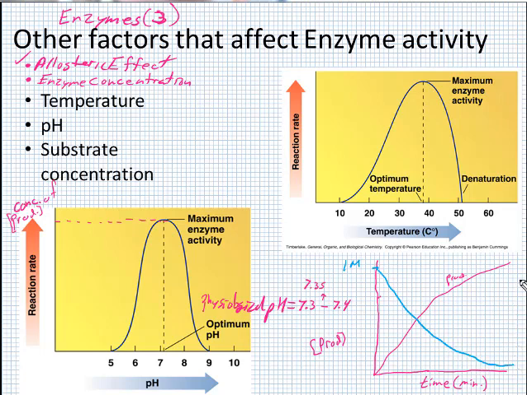And I'm not going to explain why they level off here. That's getting a little bit too complicated for our needs, but they do level off over time. But products accumulate over time, and here we have reactants. Their concentrations decrease over time, and that's essentially what we're measuring here, is how fast they are going.